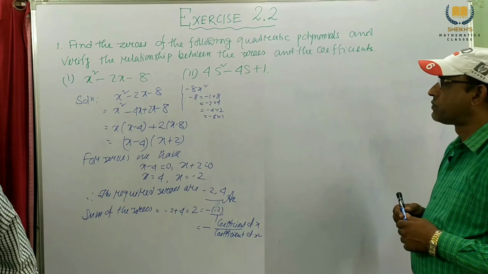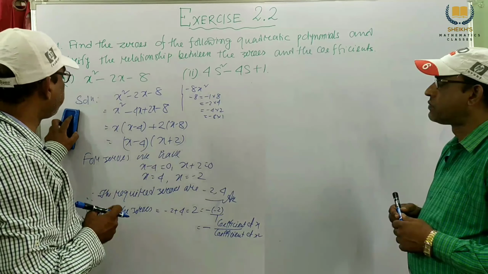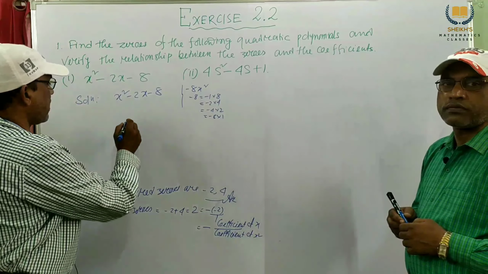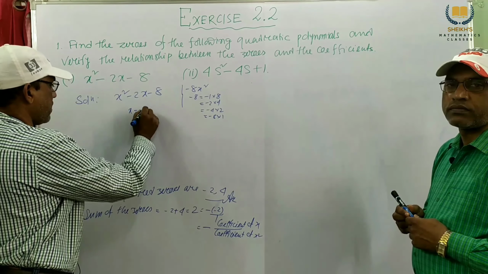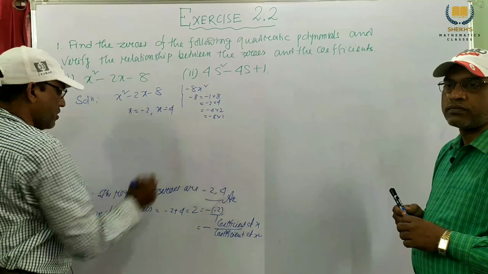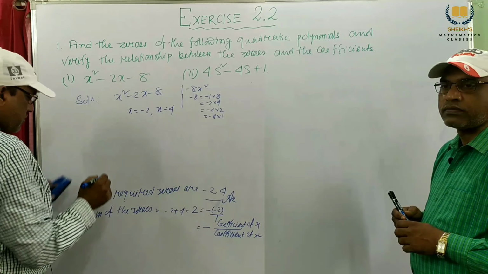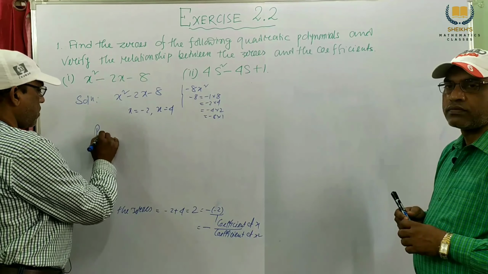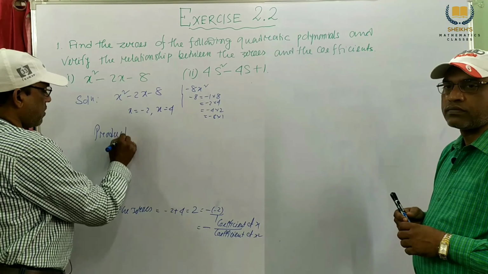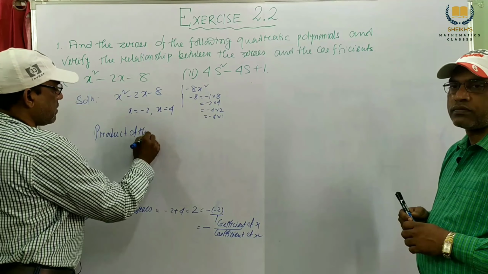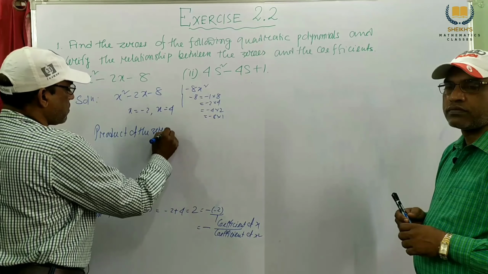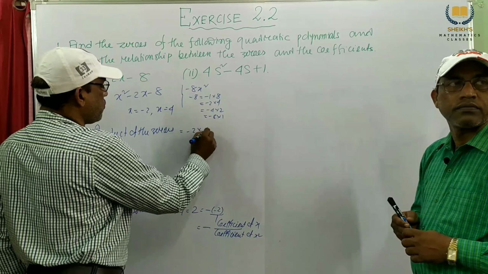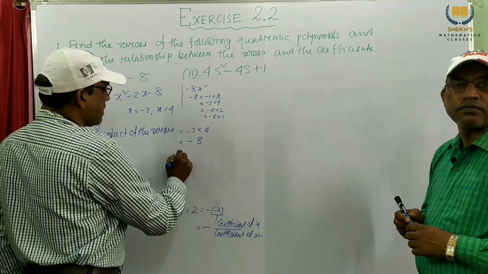Again, taking the product of the zeros, I am rewriting here x equal to minus 2, x equal to 4. The product of the zeros equals minus 2 into 4, which is minus 8.